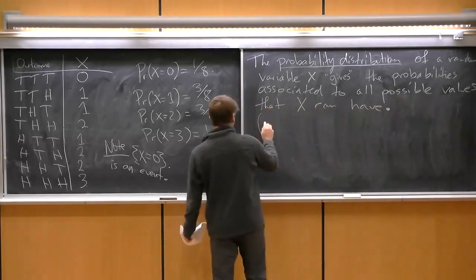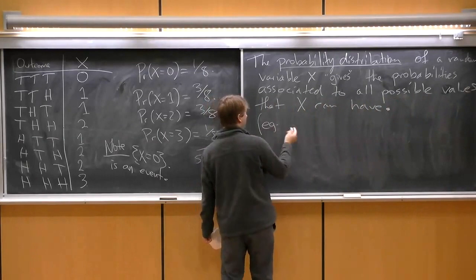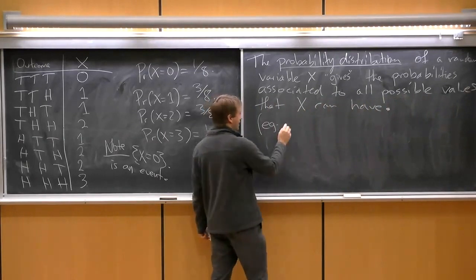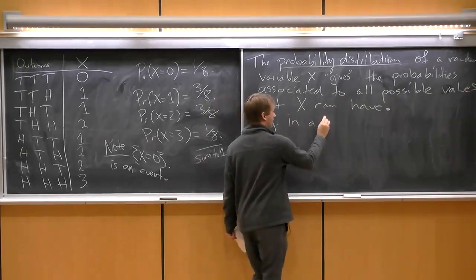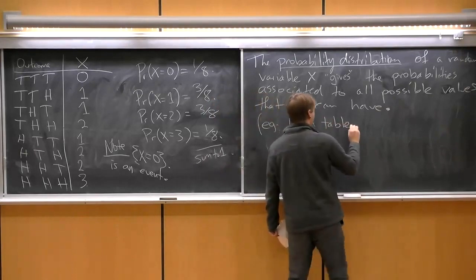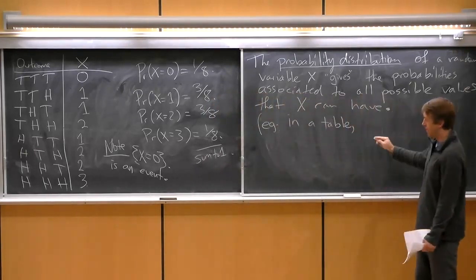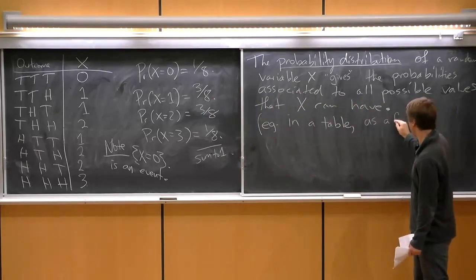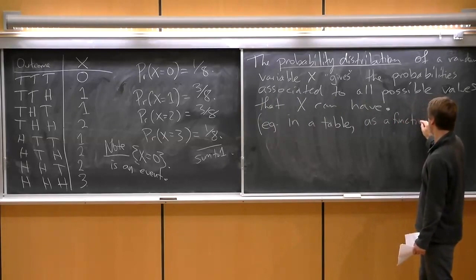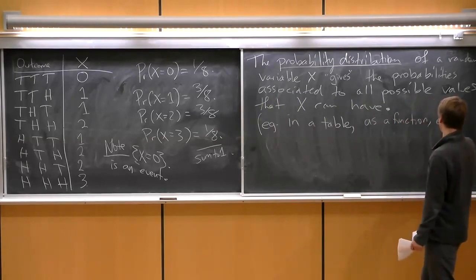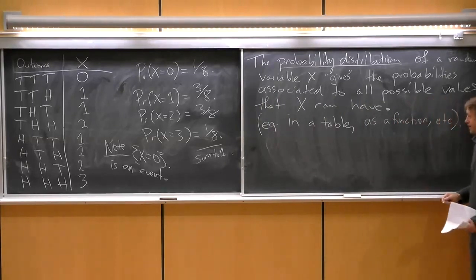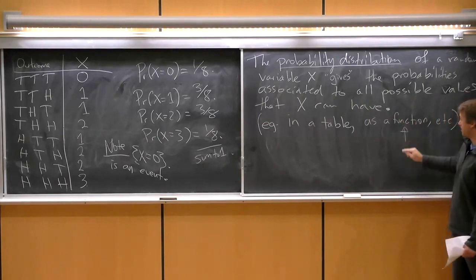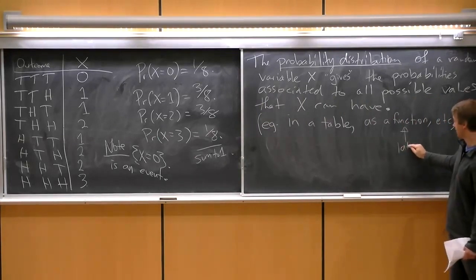One natural way is, for example, the probability distribution can be written in a table. So that's what we're going to focus on first. But it could be given by a function, etc. But don't worry about this yet. This is coming later.